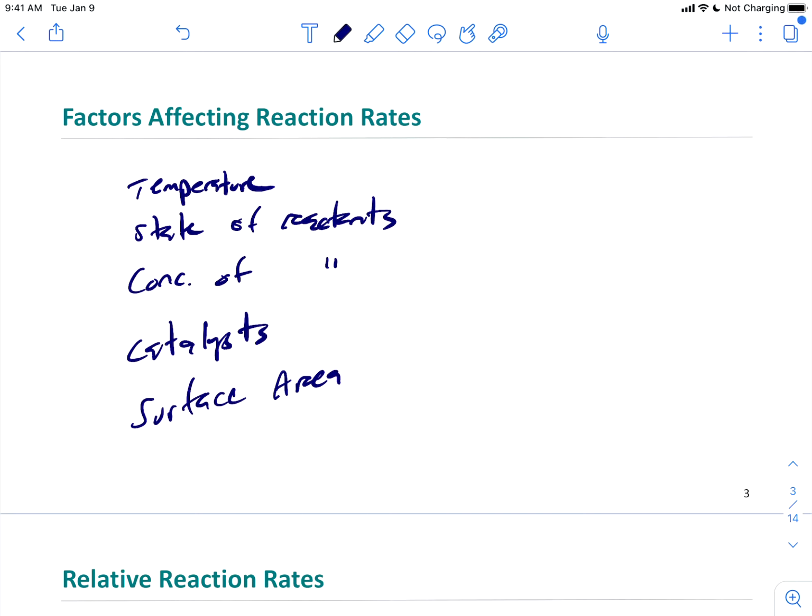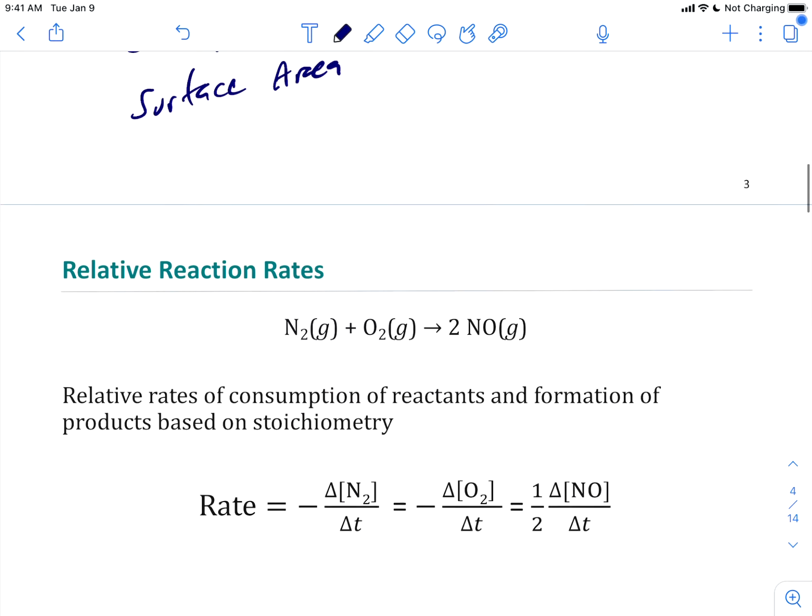And if it's a heterogeneous system, a gas reacting with a solid, that reaction of the gas has to come in contact with the solid. If the solid has a large surface area, that's going to speed up the rate. Okay, so they have to come into contact by collision, and those collisions have to be oriented in just the right way with the right amount of energy for the reaction to be successful. Just because a collision happens doesn't mean it forms product.